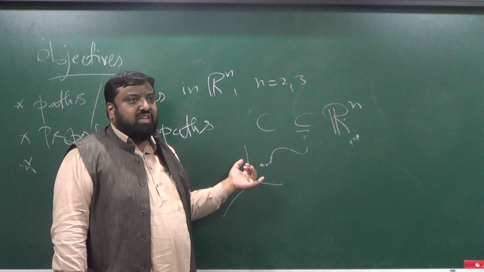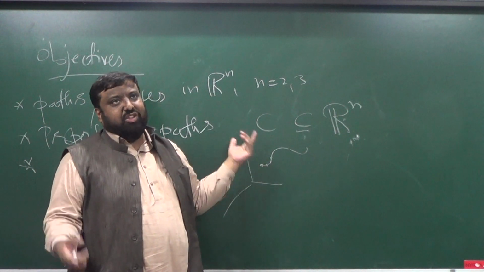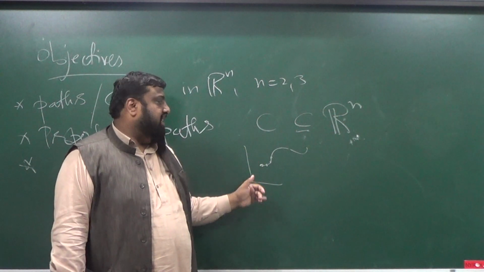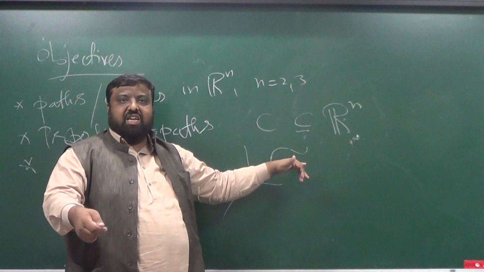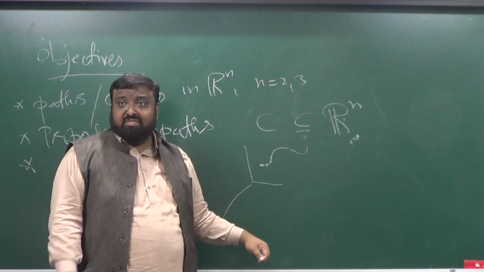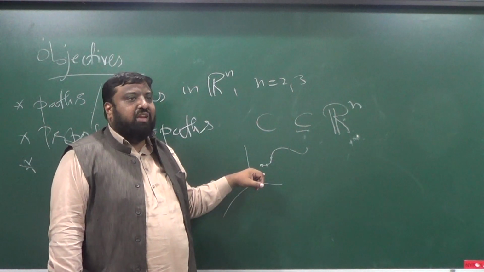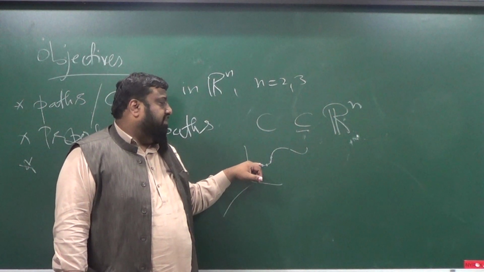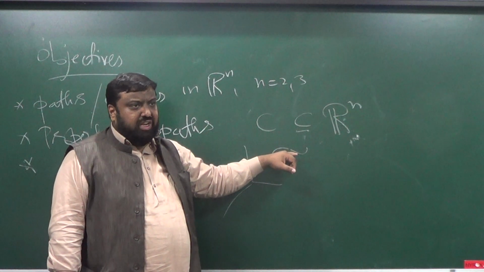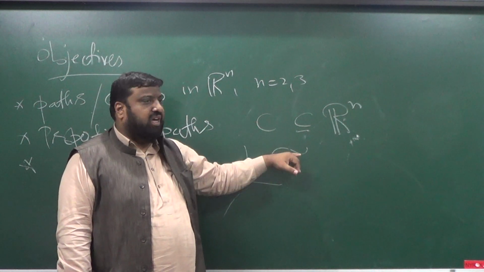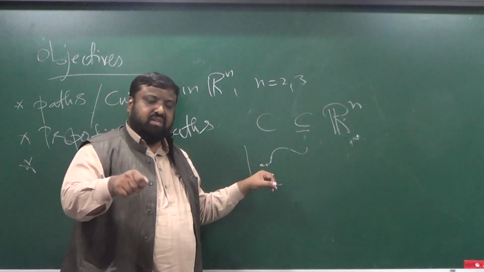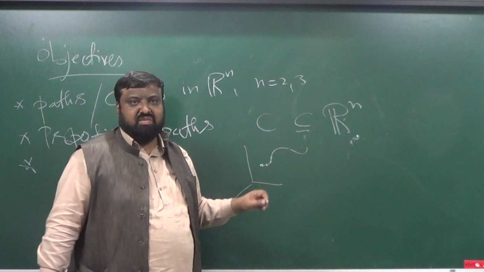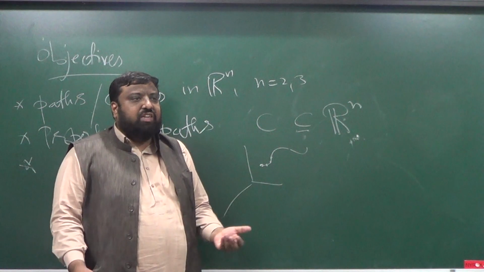And since we can assign to each point on the curve a scalar, why can't we assign a vector? If we assign a vector field over a curve, that would mean that to each point on the curve you are assigning a vector. What does that physically mean?